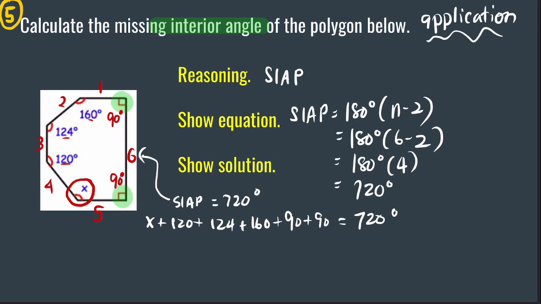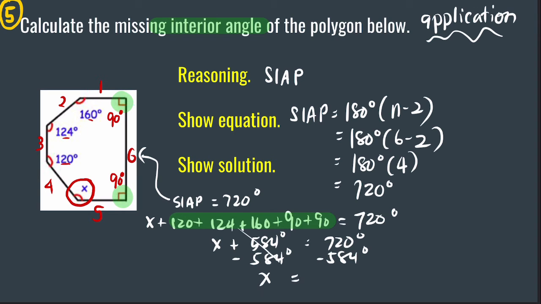How do I simplify? I put all like terms together. The terms that I highlighted are all constants, which means they don't have a variable with them. So this would be x plus, adding 120 plus 124 plus 160 plus 90 plus 90, 584 equals 720 degrees. Then minus 584 on both sides.